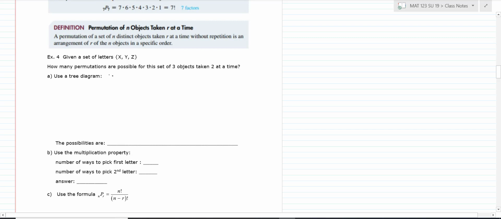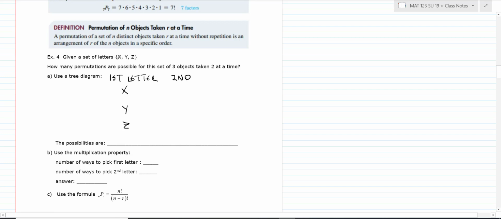To begin with, we're just going to look at the first letter. Of course, we have 3 things to choose from. We could have an X, or a Y, or a Z. Then when you go to the second letter, remember, we can't repeat.